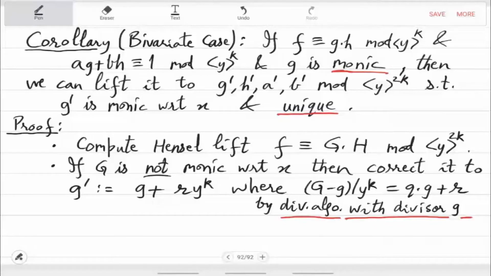But here that problem is not there because small g is monic. So small g is something like x square plus y, and you can run the division algorithm with respect to x. Right, so you do that, that is a fast algorithm, and you will get Q and R. So that is the output you get from the division algorithm.